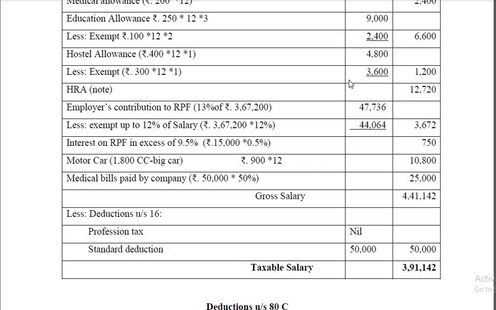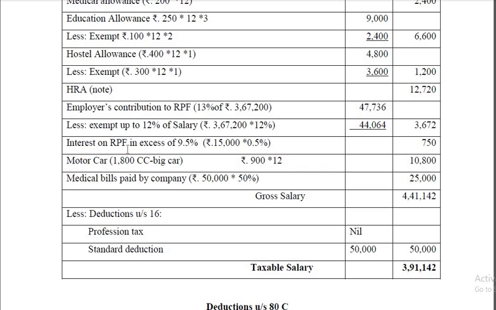It is 3,672. In other words, 47,736 minus 44,064, then also you will get 3,672. Otherwise, directly you can calculate 3,67,200 into 1%, because 13% minus 12% is 1%.